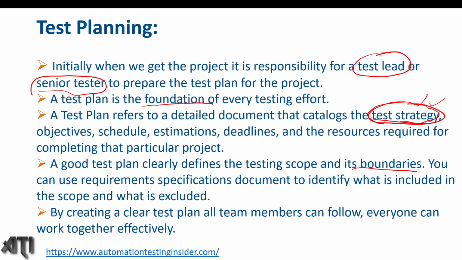Unless we have an effective test plan, it is very difficult to test any particular application. So the main purpose of the test plan is to configure all the activities in test planning, so all the processes should be in proper place.